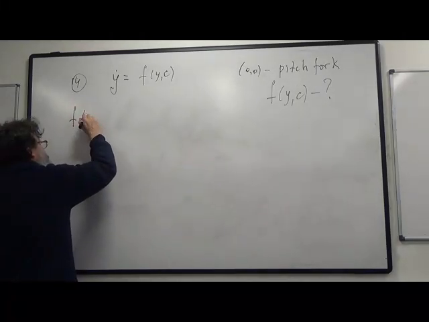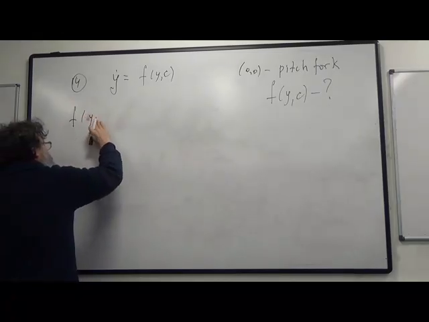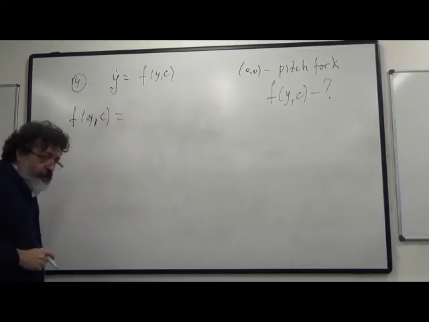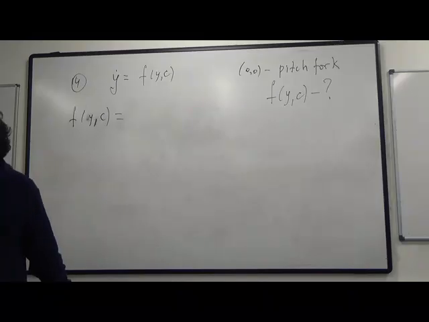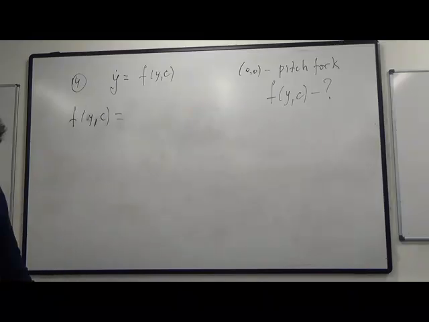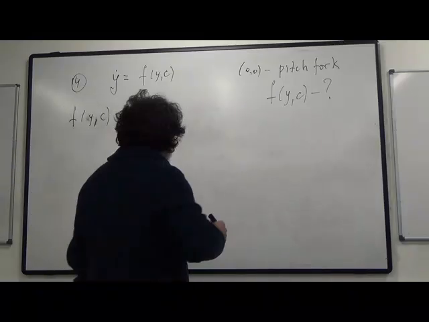Again, f of y, c, so we use what's called the Maclaurin series. Do you remember what is the difference between Taylor and Maclaurin? Who remembers? It's Maclaurin at 0, 0. Yeah. So what I was doing, in fact, was Maclaurin. Well, it is a sub-case of the Taylor series.